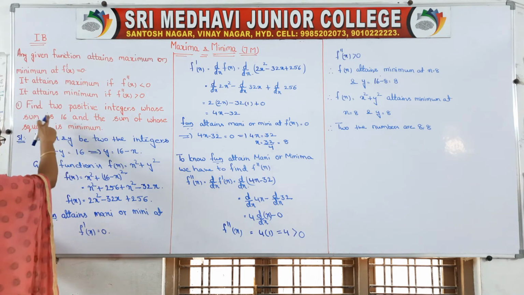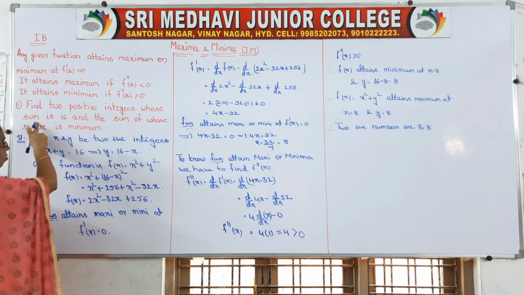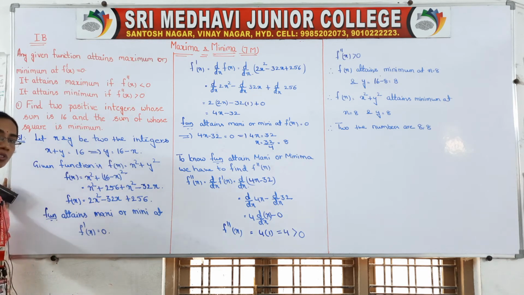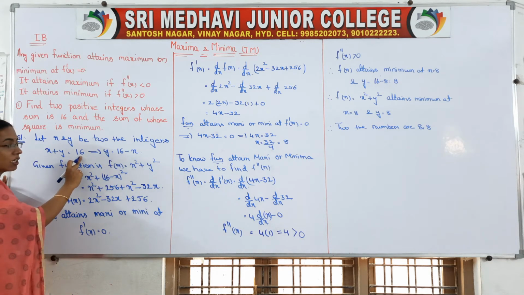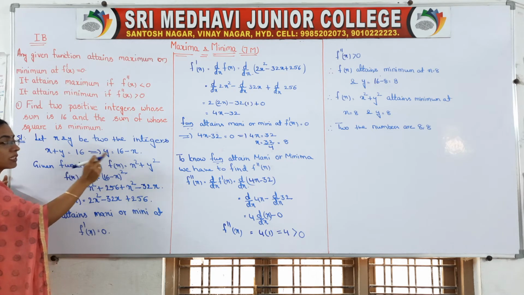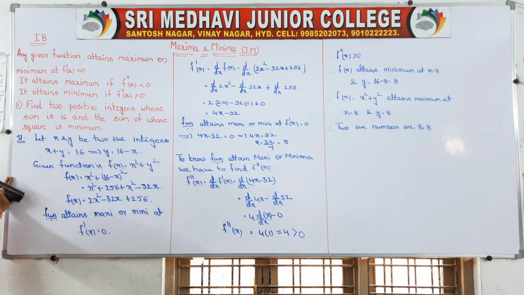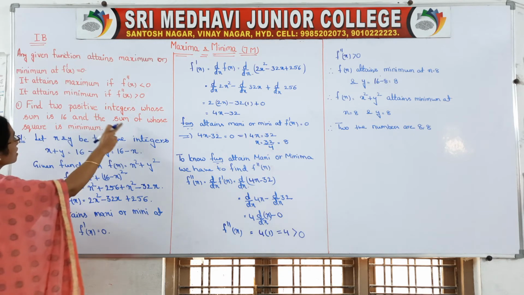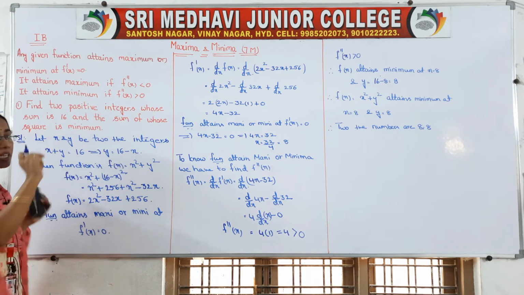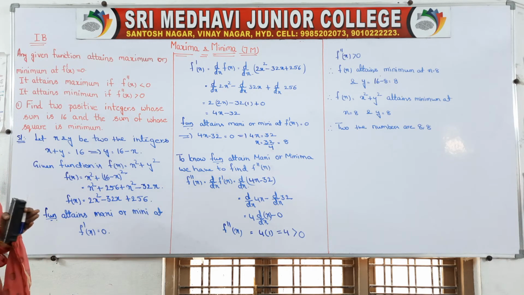Today's question is: if two positive integers have a sum of 16, we take two positive integers x and y such that their sum is 16. With that, y is equal to 16 minus x. Then the sum of whose squares is minimum. So that is the function.